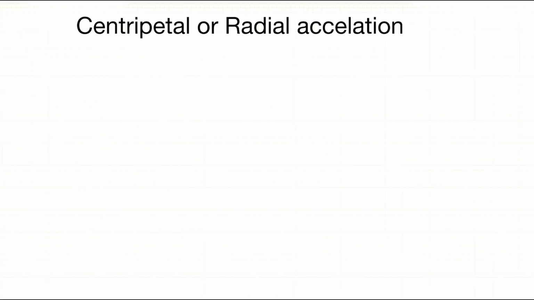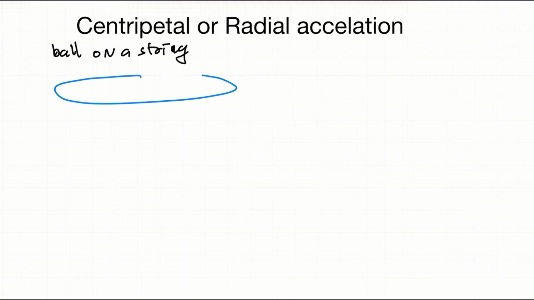Now let's look at centripetal or radial acceleration. Let's look at the case of a ball on a string. There's some games you can play. You can put a ball on a string over your head and whirl it around. So here's the ball, and we're going to make this our radius vector here.